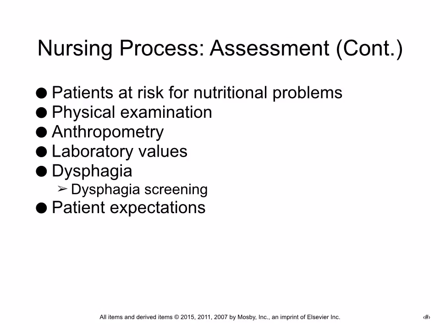It can be electrolytes, glucose, cholesterol, triglycerides, blood urea nitrogen level. These are all the things we assess to get a picture of the malnutrition. So there is not one test which will say, we do this test and we know the patient has malnutrition. We have to look at a lot of lab values.